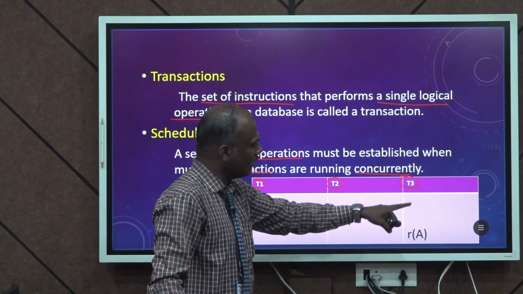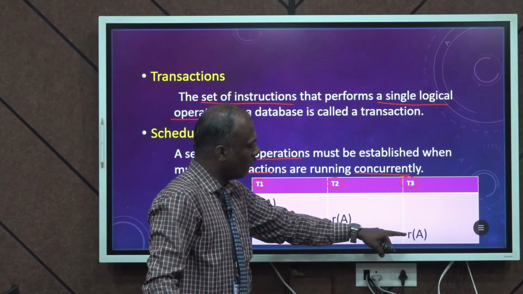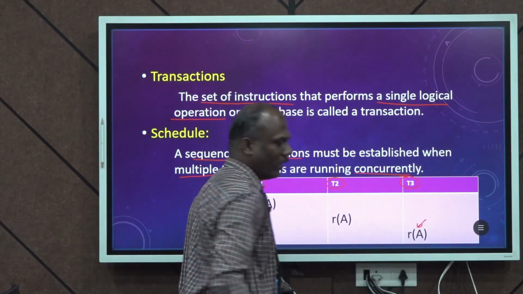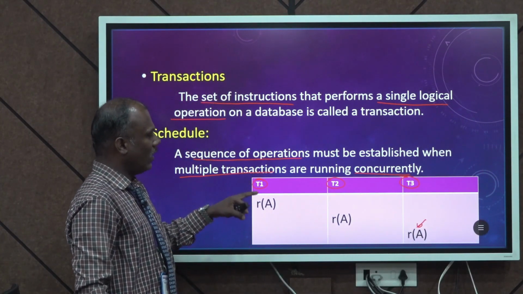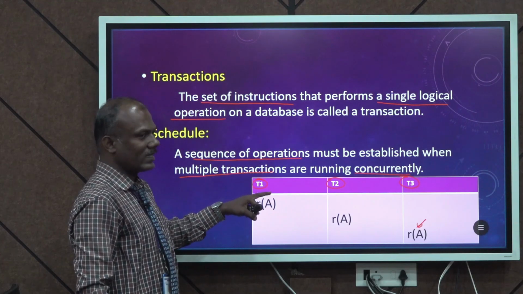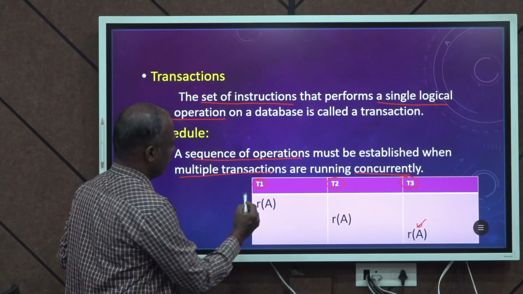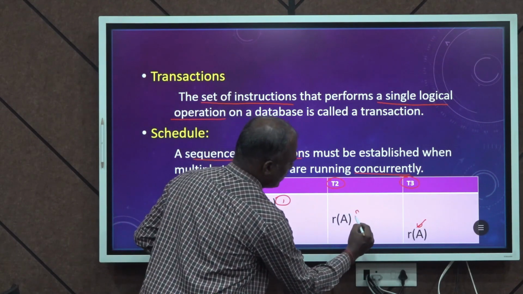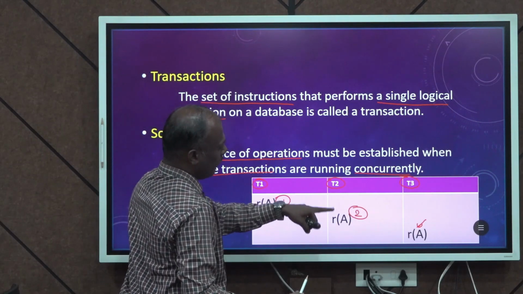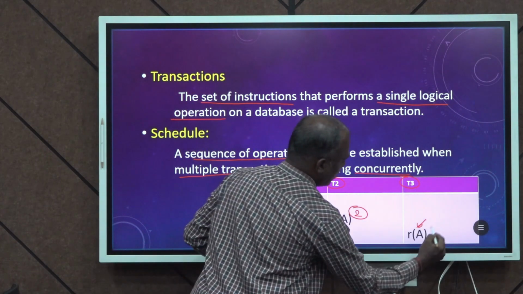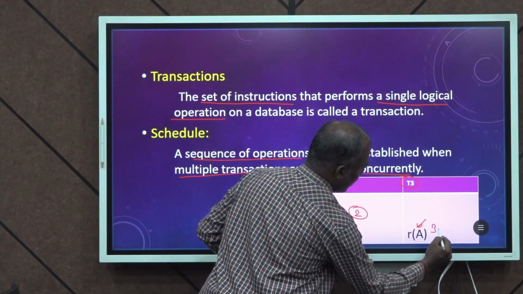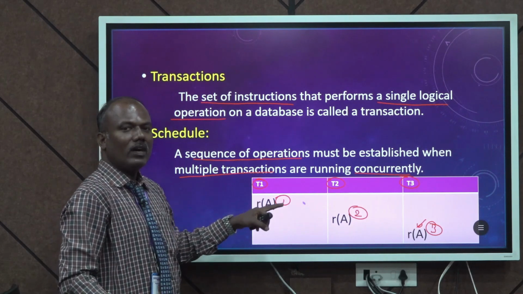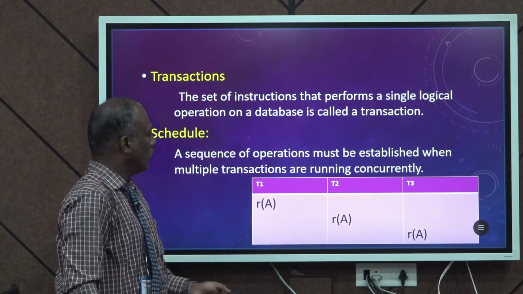At last the T3 transaction is executed with read of data item A. So first R of A is executed for T1, then R of A for the transaction T2, and last R of A for the transaction T3. So in this order the operations were executed. That is called a schedule.